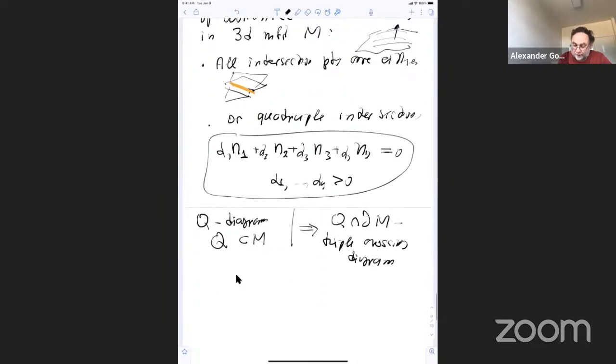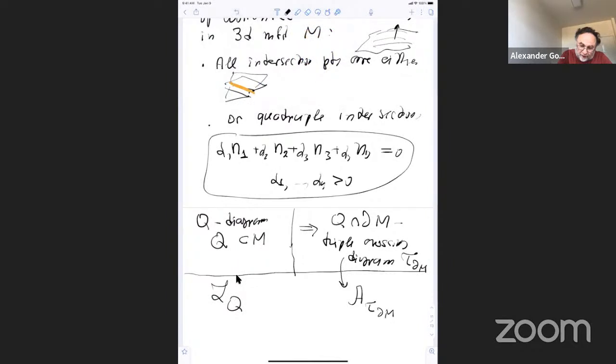And to a triple crossing diagram, we can associate this non-commutative cluster variety, related to this object. And we wanted to have here a Lagrangian subvariety, which corresponds to this quadruple point diagram.